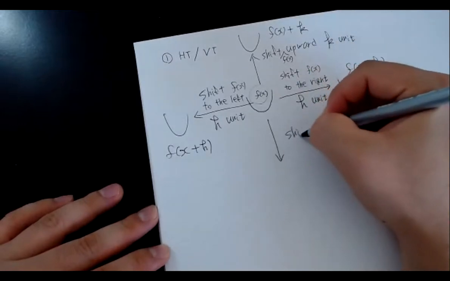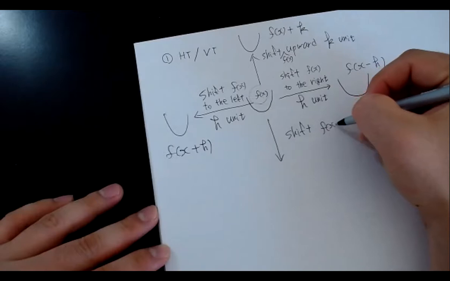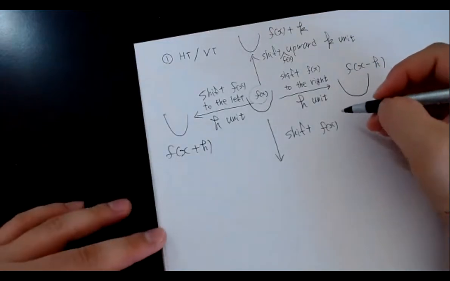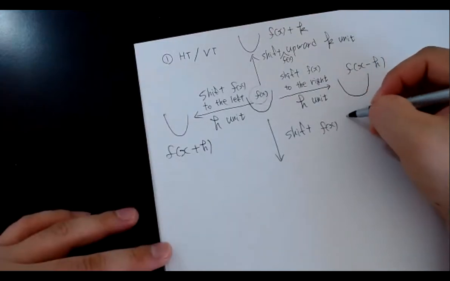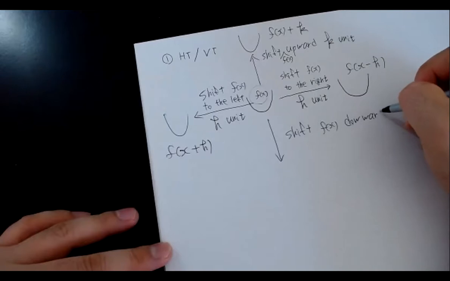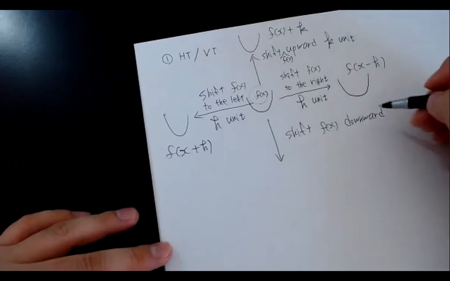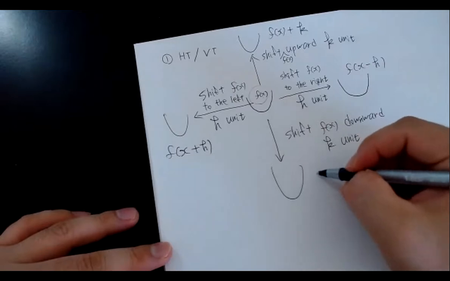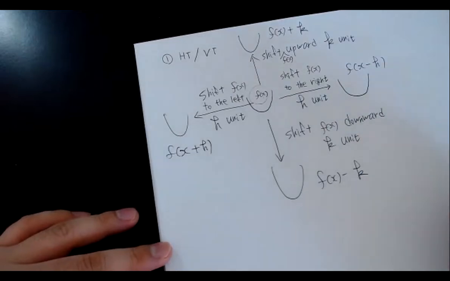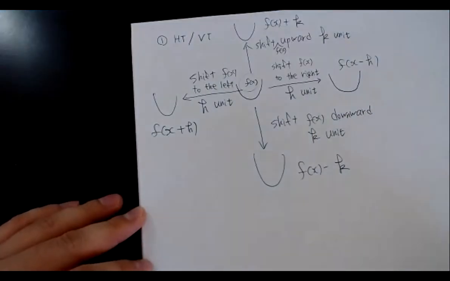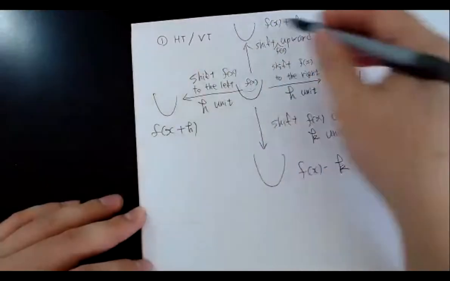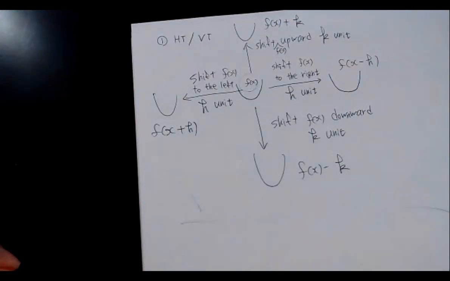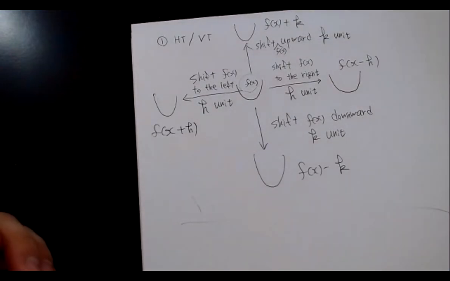And if you shift the graph of f of x downward k units, then we get f of x minus k. So if you memorize this kind of diagram, then you can apply the HT and VT easily.